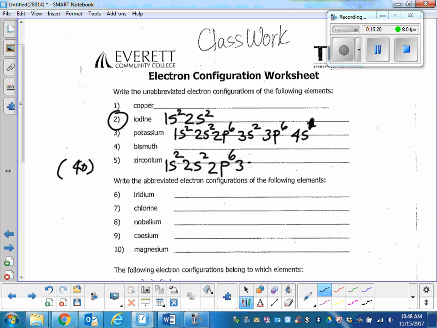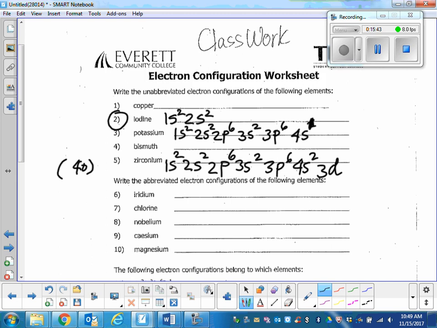3s. 3s what? 2. What is after 3s2? 3p6. What is after 3p6? 4s2. What comes after 4s2? 3d. Where does zirconium stop?